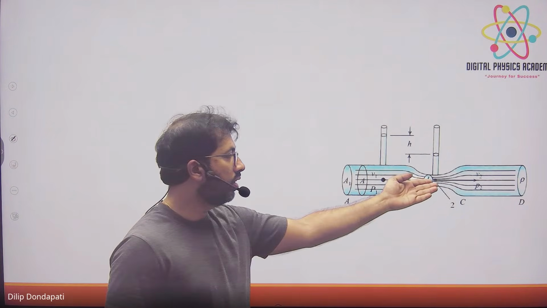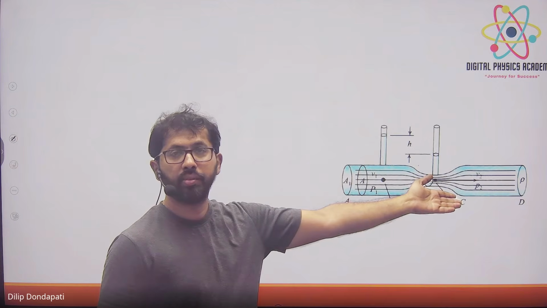See, velocity आ गया तो क्या होगा, area into velocity we can multiply simply, right?